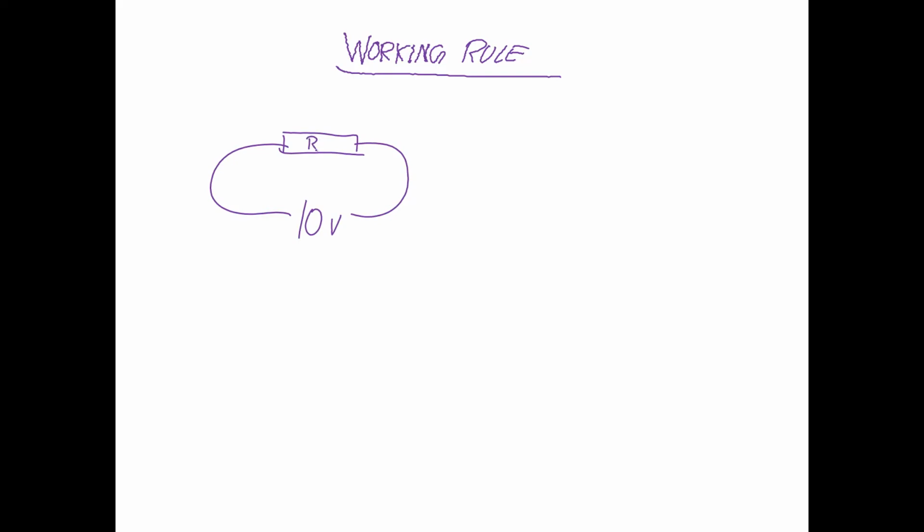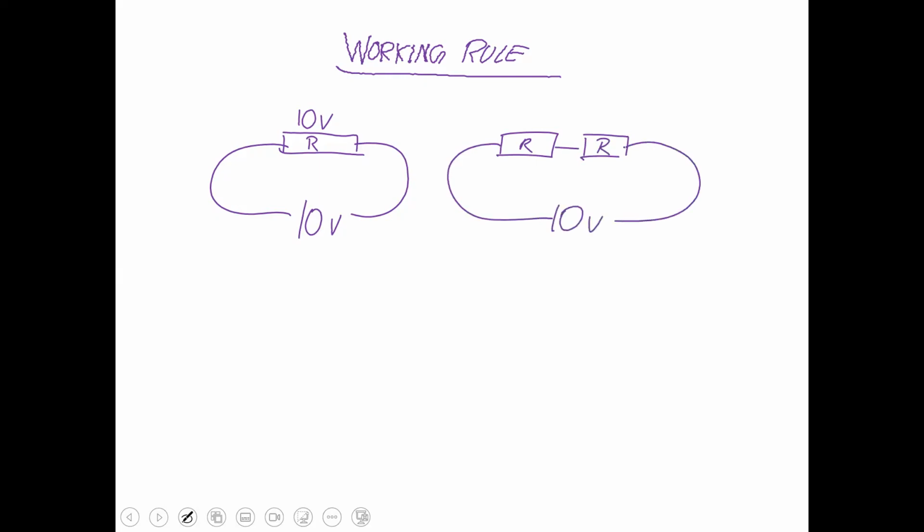Now, if it is the only resistor and there is no other power loss, this resistor will get the full 10 volt. Now, if I attach a similar resistor with it in series in the same circuit, now what will happen is that it will get 5 volt and it will also get 5 volt.